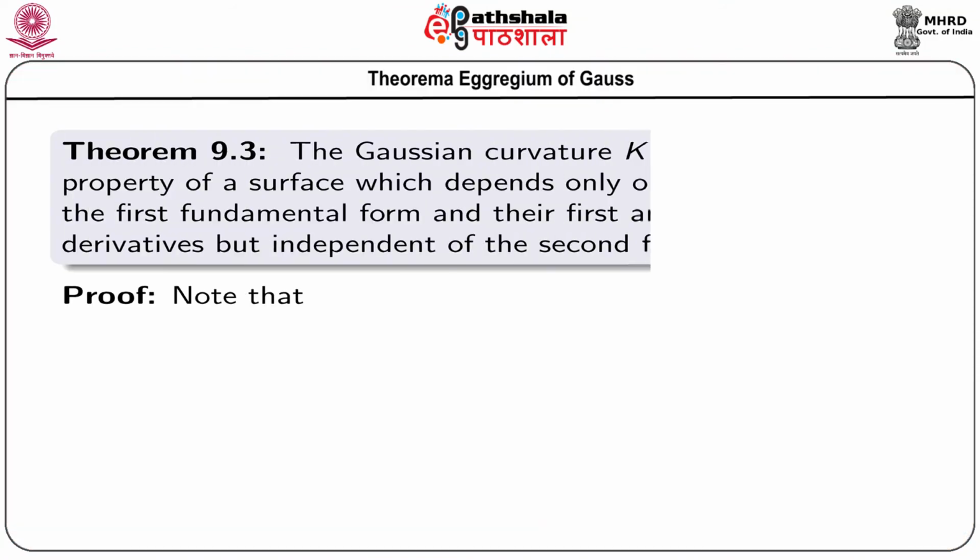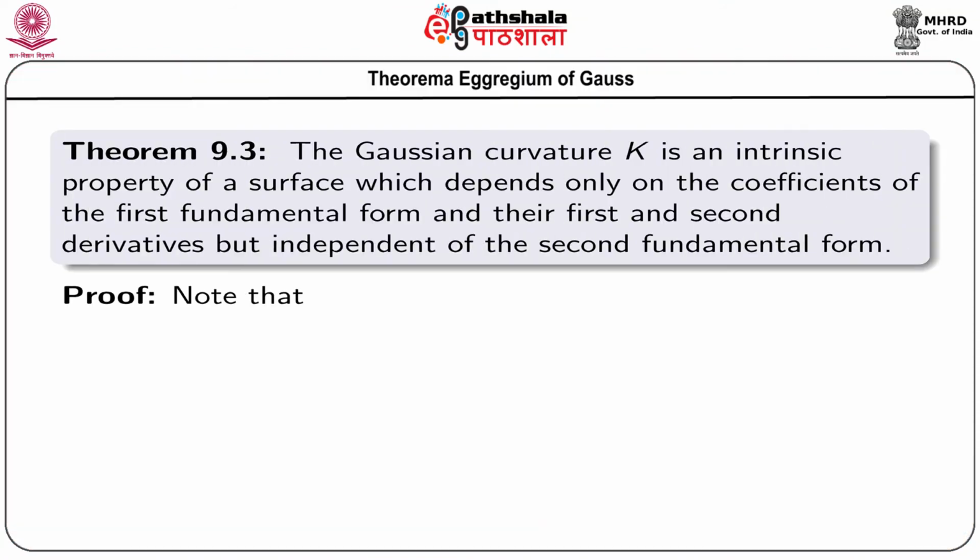Actually, he has proved that Gaussian curvature only depends on the first fundamental form of a surface and their first and second order derivatives. So, let us see the Theorema Egregium of Gauss and its proof.